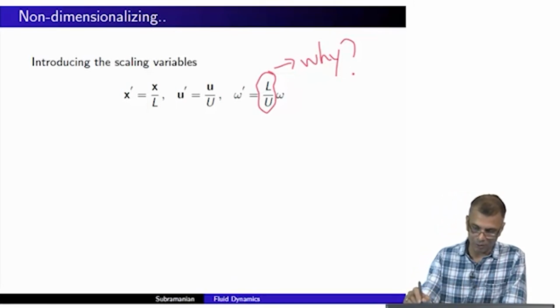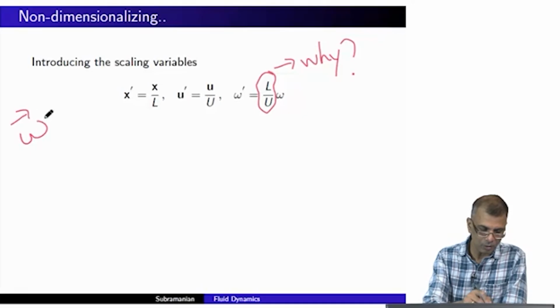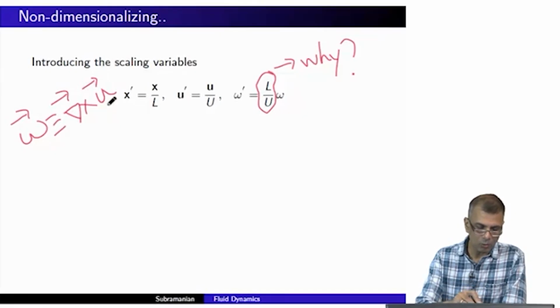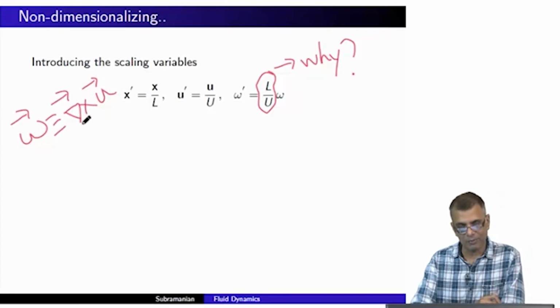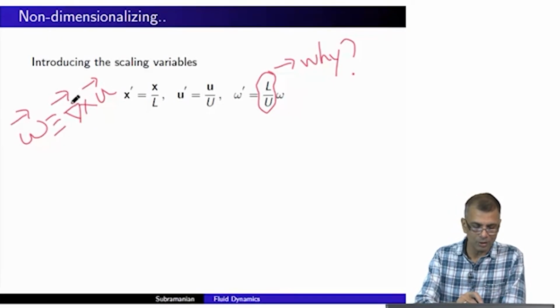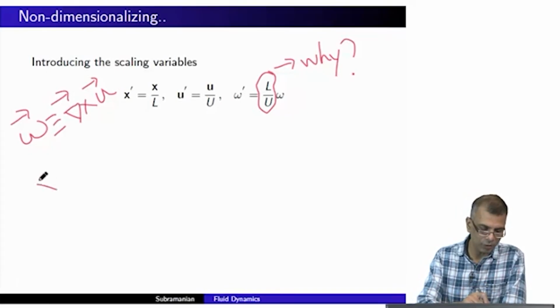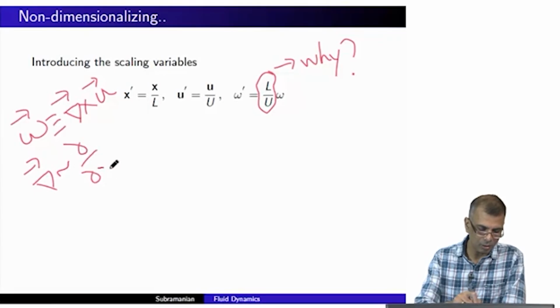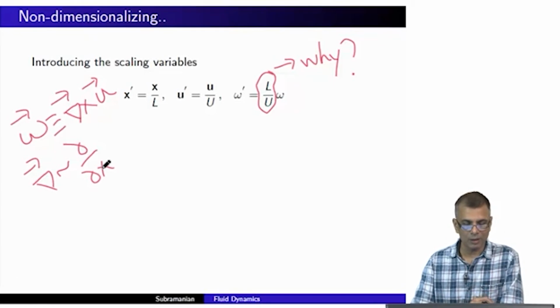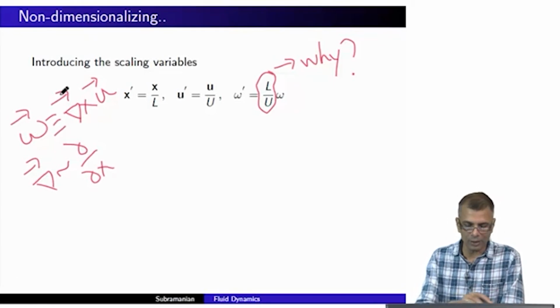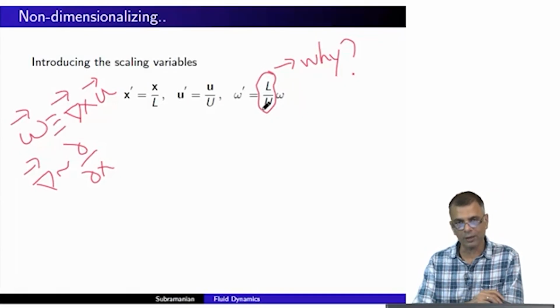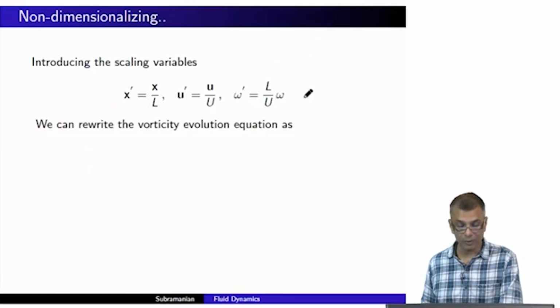Omega is simply the curl of U. So whatever the dimensions of U are, say centimeter per second, you divide it by centimeter, so it is 1 over centimeter. If you understand this, you'll quickly understand why we are introducing this kind of a factor L over U while non-dimensionalizing omega.